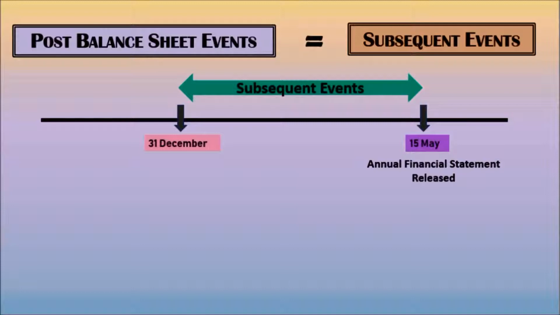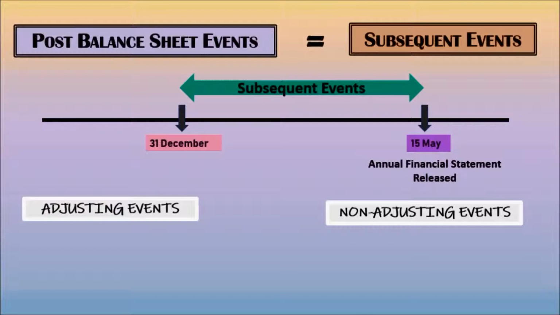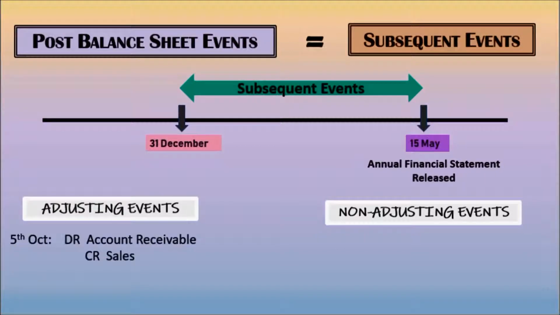Here, we either recognize it as an adjusting event or a non-adjusting event. The first type of subsequent event, the adjusting event, is an event that exists at balance sheet date. For example, on the 5th October, we sell our product to a customer, and we will debit our account receivable and credit our sale.